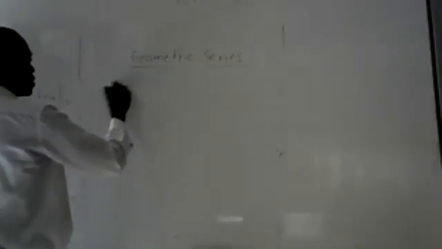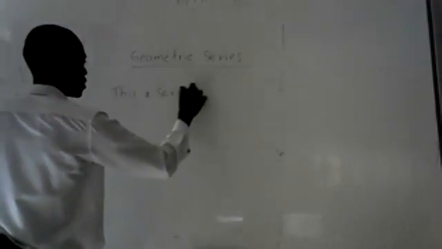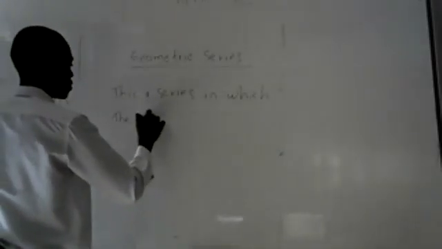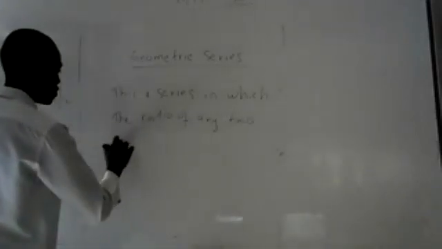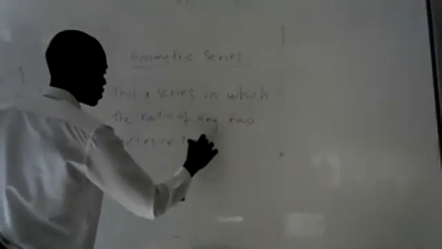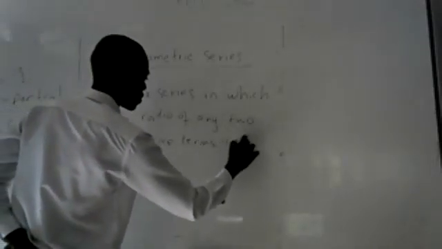So a geometric series is a series in which the ratio of any two successive terms is constant.